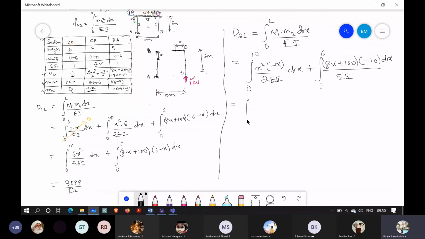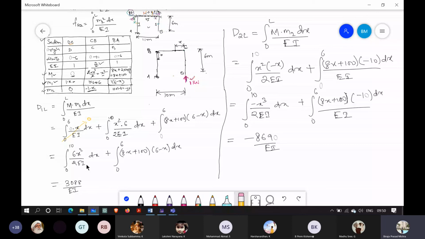So this becomes integration 0 to 10 of x cube minus x cube by 2EI into dx plus integration 0 to 6 of 8x plus 100 into minus 10 dx by EI. If you integrate this one, you will get d12 equals to minus 8690 by EI.